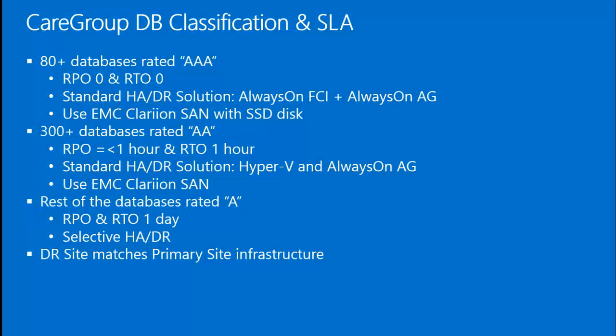That's where we invest heavily in the technology, the hardware, and the software to make sure we meet our SLA. AA is a little more relaxed, so we still manage 24/7, but we can go down for an hour or so. And 1A is not low end, but it's less critical type of database.